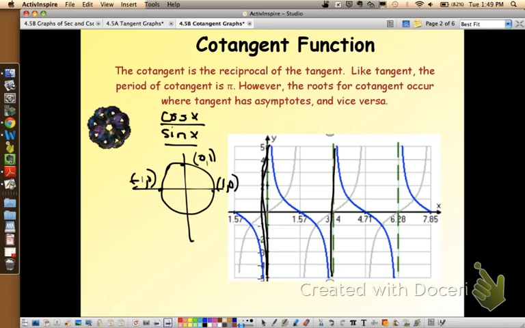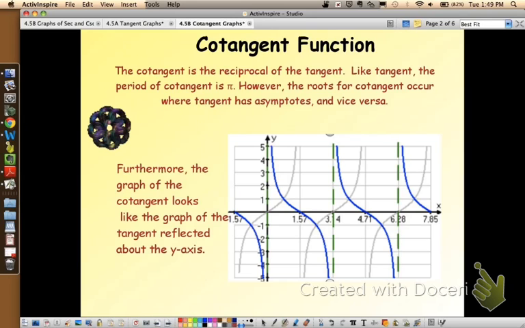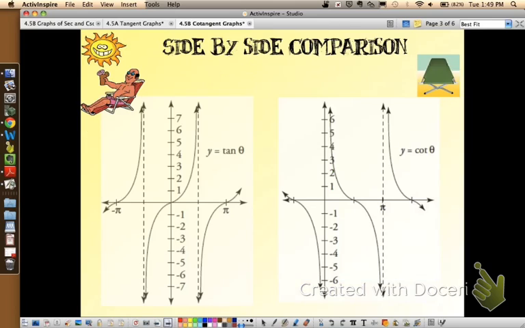So all of that says there's, again, just quite a few similarities between the two functions. It's just a matter of the placement of the asymptotes there. We already made mention of that, so let's move on.